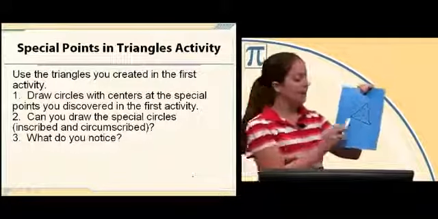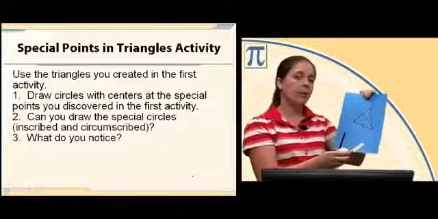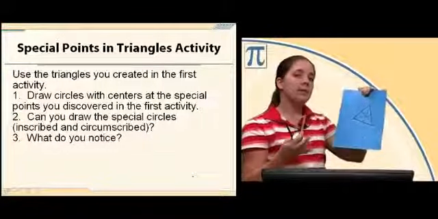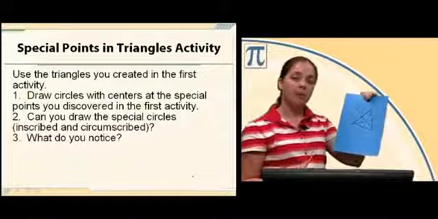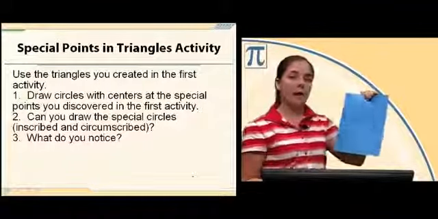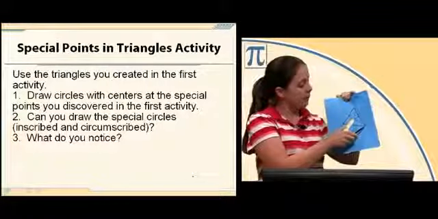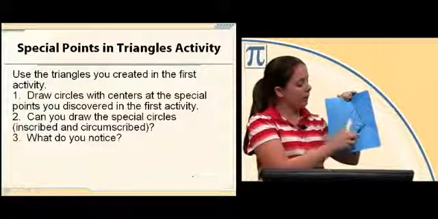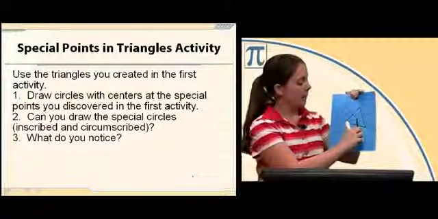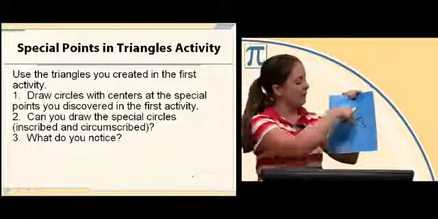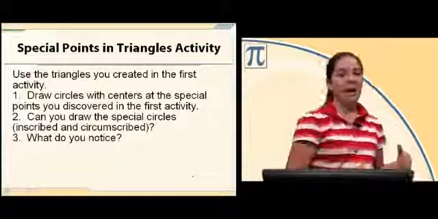So the point of concurrency for the 3 perpendicular bisectors is the center of the circle that circumscribes the triangle. So it's the center of the circumscribed circle. Each of the distances from the point of concurrency to a vertex is congruent, meaning it's the same, it's the radius of my circle.